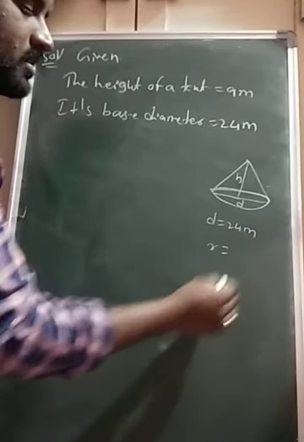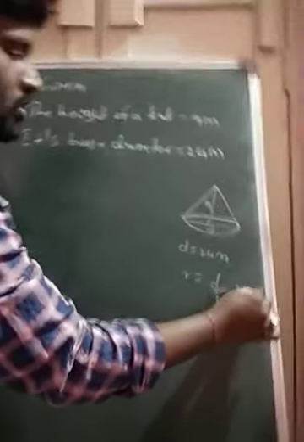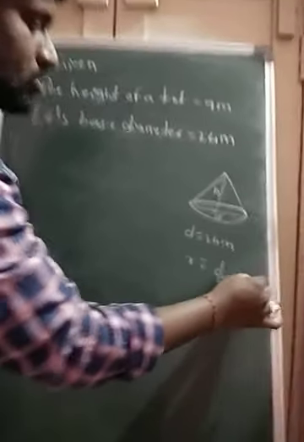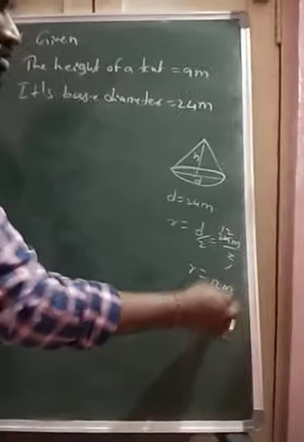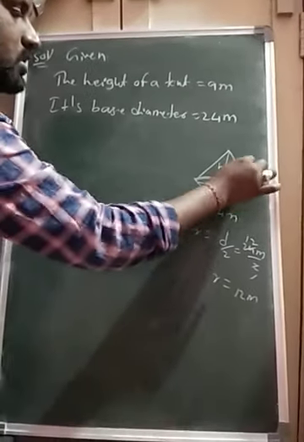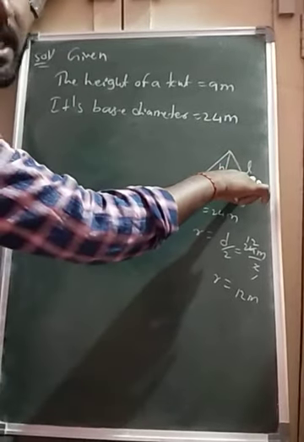Then I want the radius, that is diameter by 2, 24 meters by 2, which is 12 meters. So radius is equal to 12 meters. And L means the slant height.